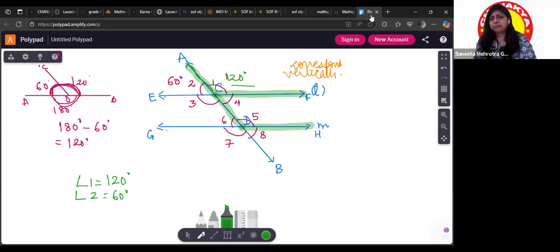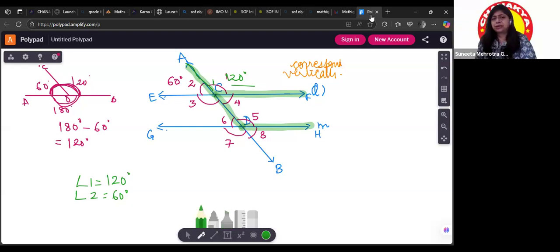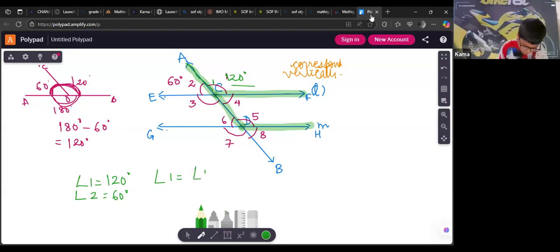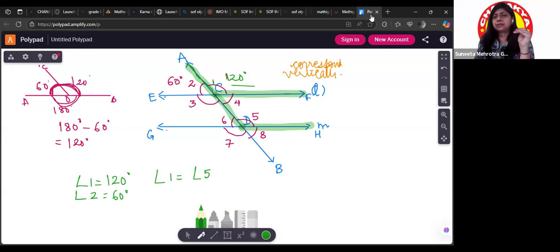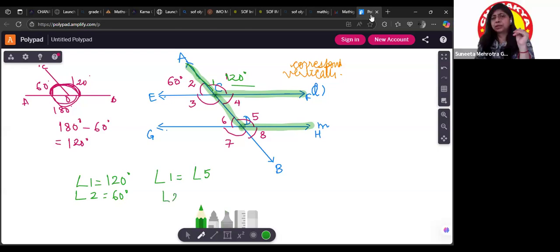Is it the same? Yes. So can you say that angle 1 is equal to angle 5? Yes, ma'am. Similarly, what other angles are at the same position? Ma'am, angle 2 and angle 6. Yes, very good.